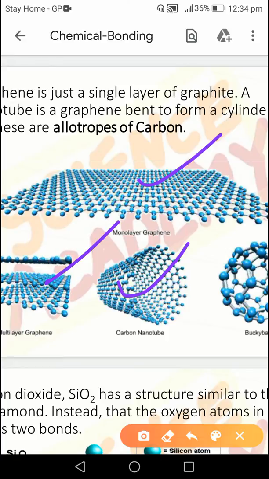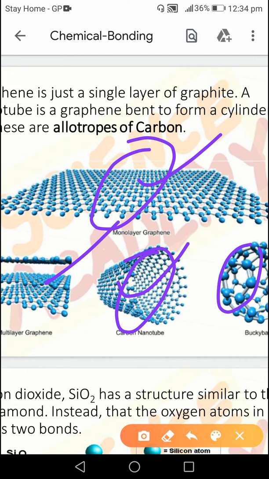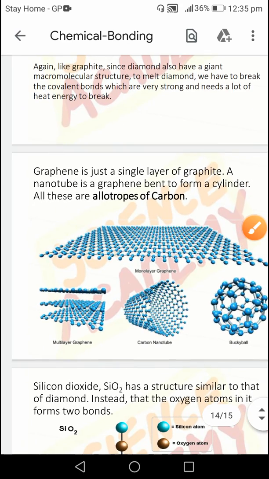This means that the graphene, the nanotube, and this structure around here, which is also called the buckyball, are conductors. The buckyball is very poor, but still the graphene and the nanotube are good conductors of electricity, because in all of these structures 1 electron will remain free.